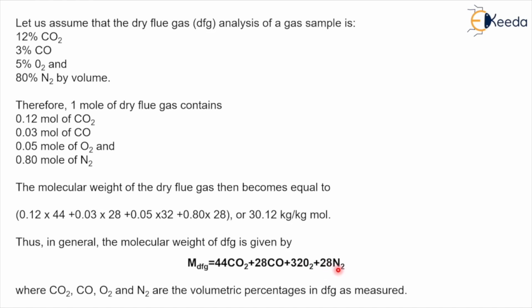Here CO2, CO, O2 and N2 are the volumetric percentages in dry flue gas as measured in the Orsat apparatus.